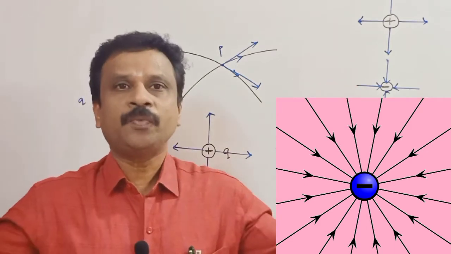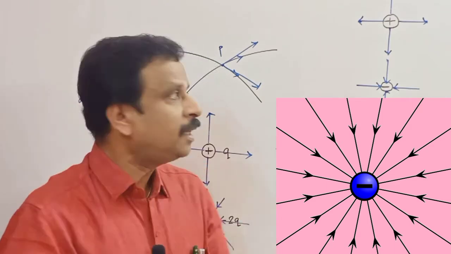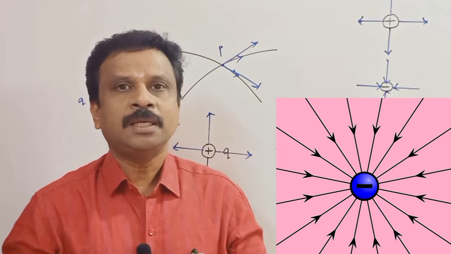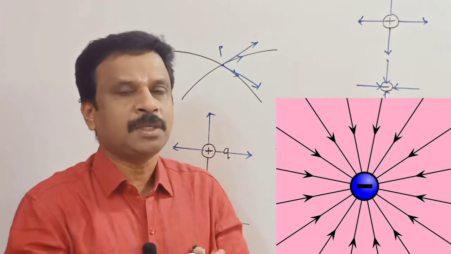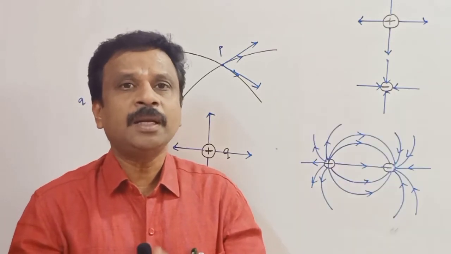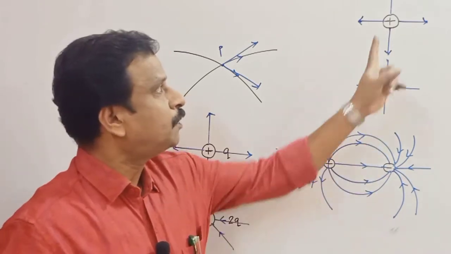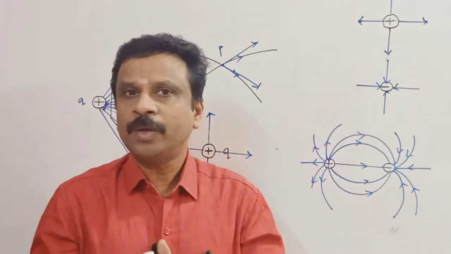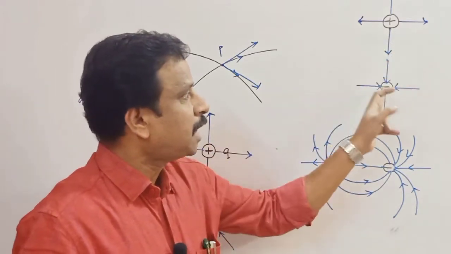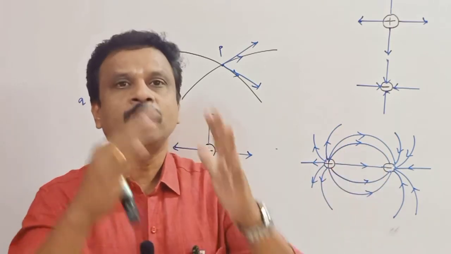See, the electric field lines come from even infinity and terminate at the negative charge. It is pointing towards the negative charge. As far as the negative charge is concerned, the field lines are directed towards the charge. This we have already seen. So for a positive charge, the electric field lines are directed outwards, and you can see the direction here. For a negative charge, the electric field lines are coming towards the charge.